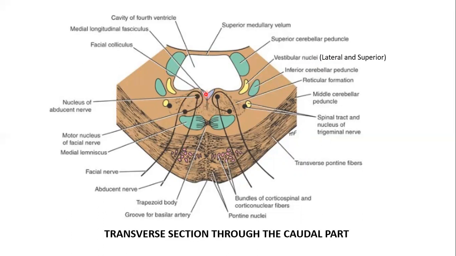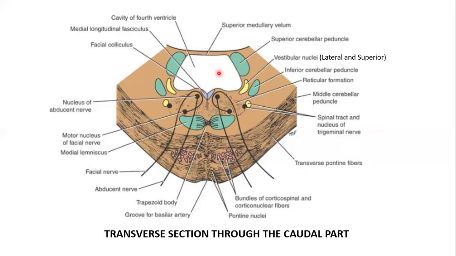Then this is the medial longitudinal fasciculus, the white matter, lying on both sides of the midline. They serve a connection between the nuclei of the oculomotor, the trochlear and the abducens nerves, and are concerned with lateral gaze and nystagmus.